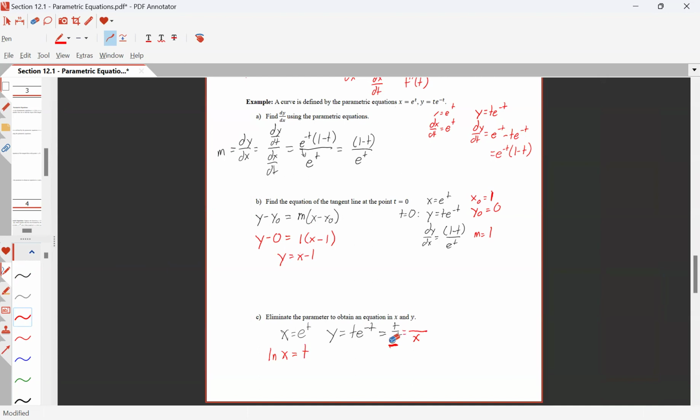So replacing that information about x, we have the natural log of x over x is also our function. y equals the natural log of x over x.